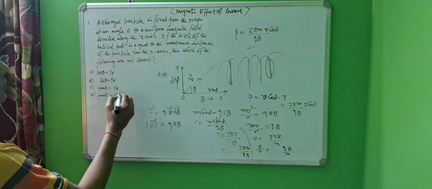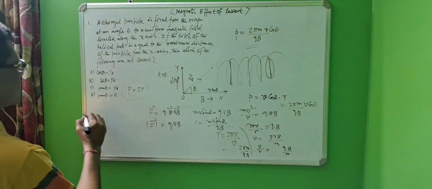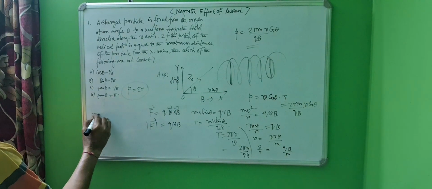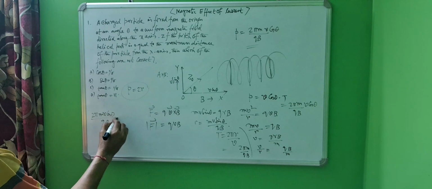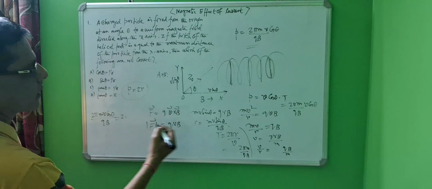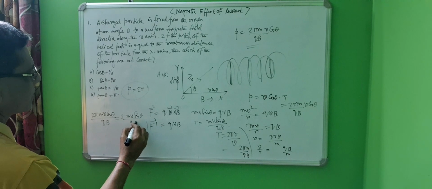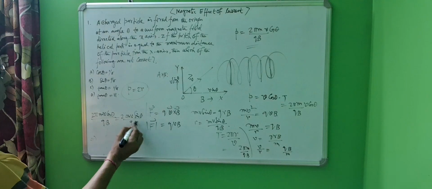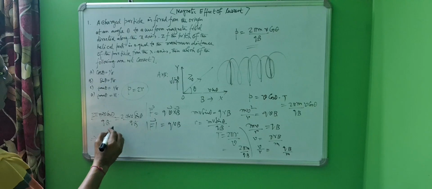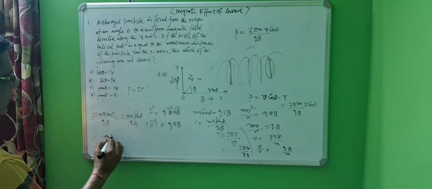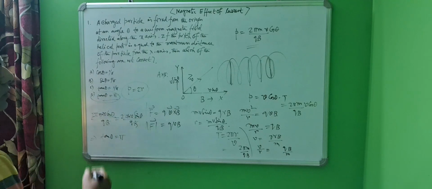And for pitch to be equal to the maximum distance, which should be twice R given here. So P, twice pi MV cos theta upon QB, must equal 2 into R, equals MV sin theta divided by QB, implies tan theta equals to pi. So this is the answer which is correct one.